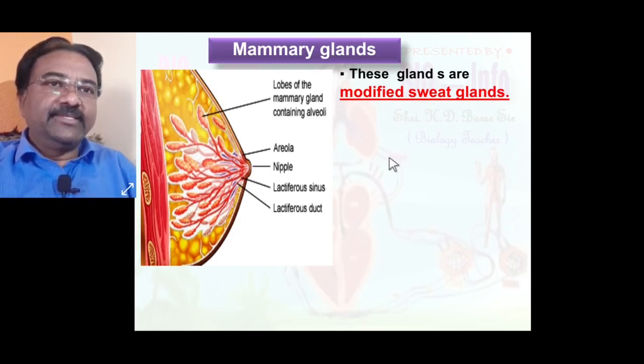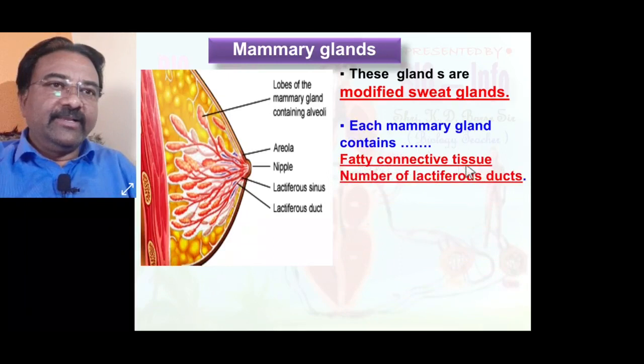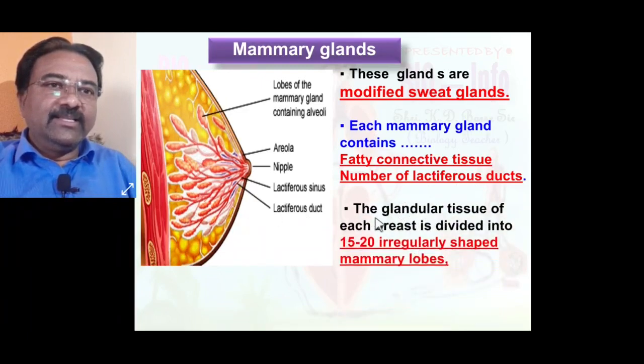Sweat gland. Each mammary gland contains fatty connective tissue and a number of lactiferous ducts. These are the fatty connective tissue, and a number of lactiferous ducts are seen.